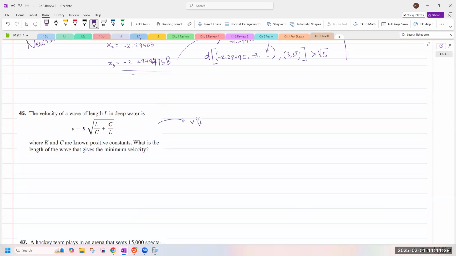As a function of L, this is K times (L over C plus C over L) to the power of 1/2, where K and C are constants, so the derivative will be K times 1/2 times (L over C plus C over L) to the power of negative 1/2 times the derivative of that, which is 1 over C minus C over L squared.